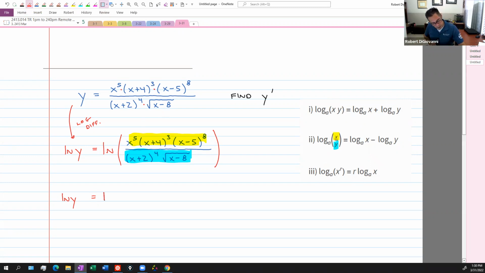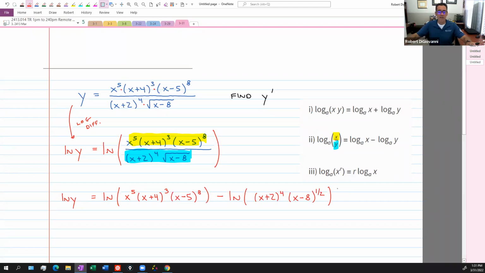This will become natural log. The top log is going to have everything in yellow, minus the bottom, the second log will have everything in the bottom. So x plus 2 to the 4th. And I'm going to rewrite the square root of x minus 8 as x minus 8 to the half. Is that all right?